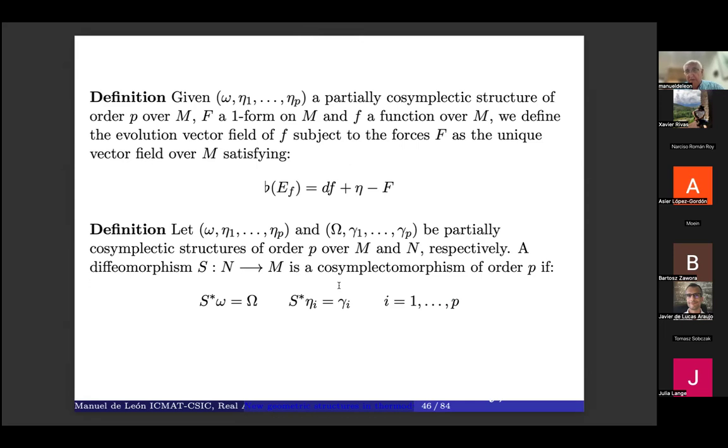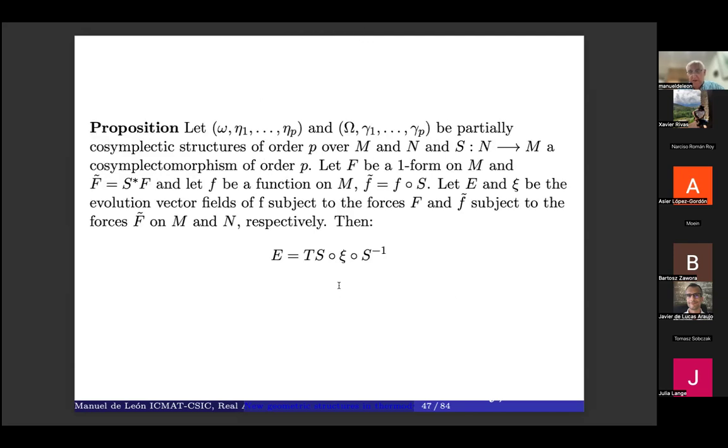So we have the evolution vector field defined by df plus eta minus the external force F, which in our case will be a semi-basic one form, but not now.